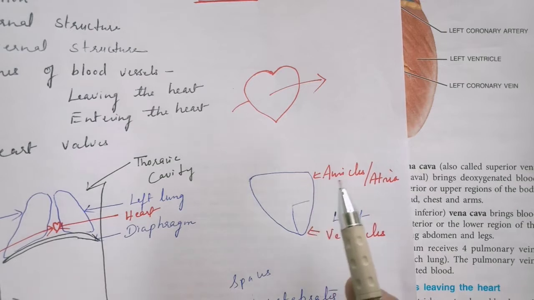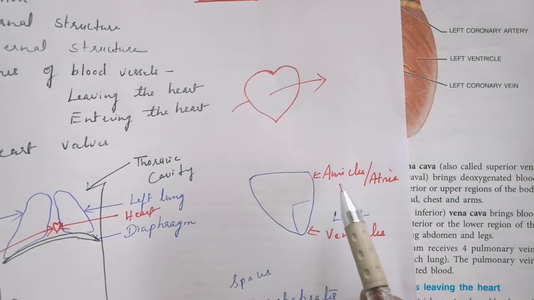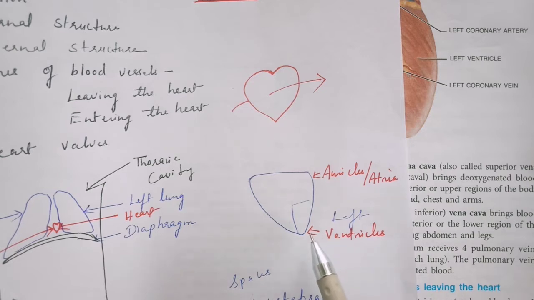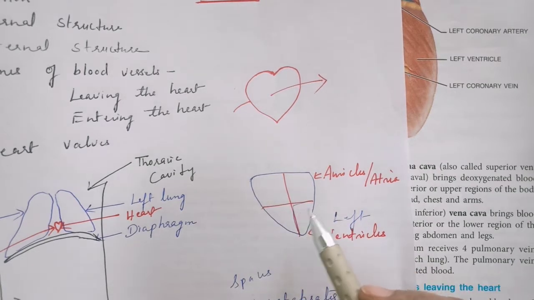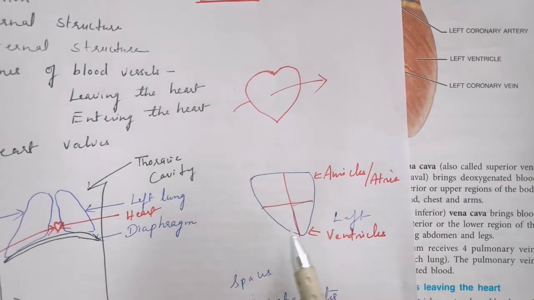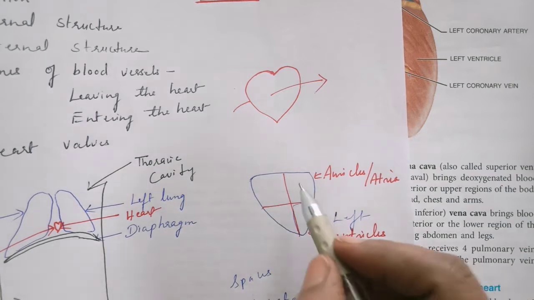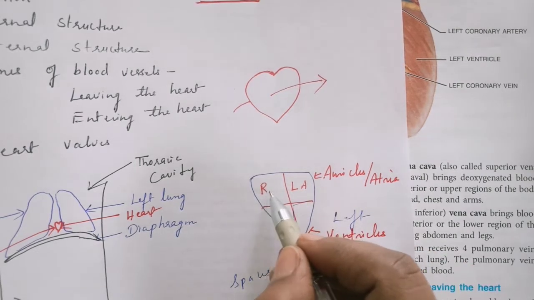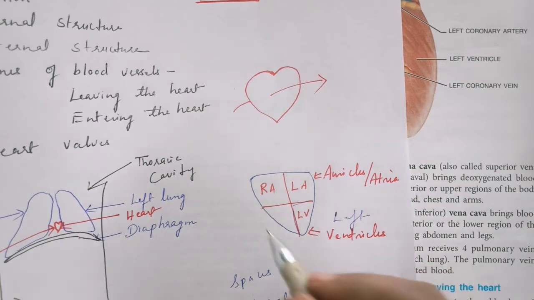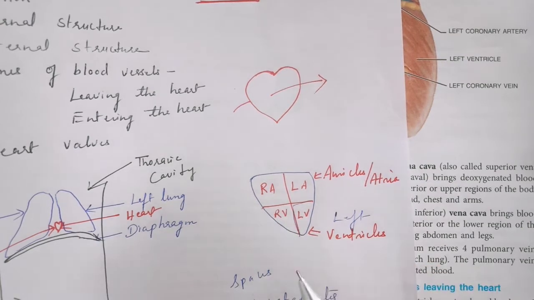There are always two types of chambers present inside the heart. The upper chambers are known as the auricles or the atria, and the lower chambers are known as the ventricles. Now when we consider the human heart, it has 4 chambers. So we can say it has 2 auricles and 2 ventricles towards the lower side, and we can write it as the left auricle, right auricle, left ventricle over here and right ventricle over here.